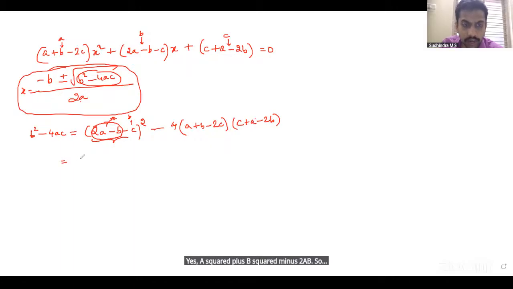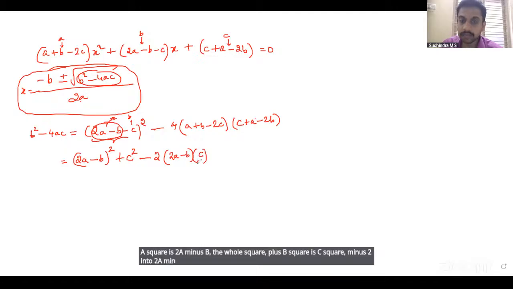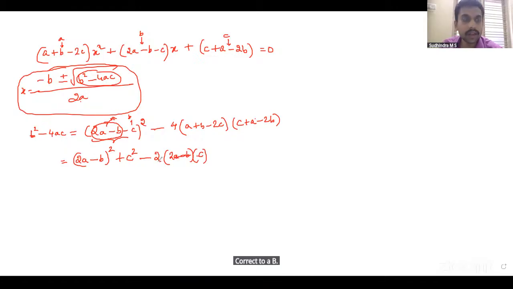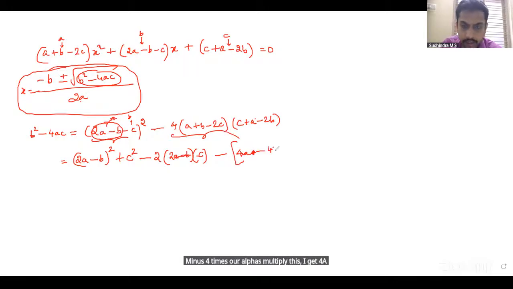So a square is 2a minus b the whole square, plus b square is c square, minus 2 into 2a minus b into c. Correct? Then minus 4 times, or I'll first multiply this. I get 4a minus 4b. Okay, no, I have taken minus outside, no? So it has to be plus 4b.